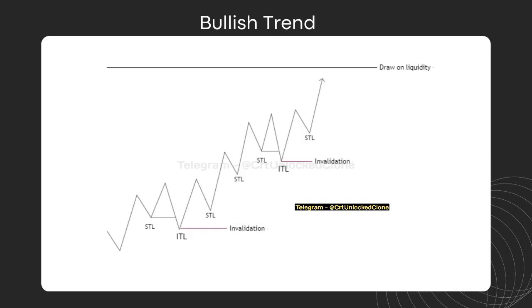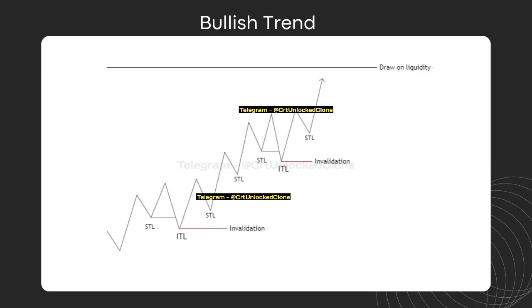Now, the unique and important thing about this intermediate term low is that this low is what we also call a protected low. You may have heard me or Romeo talk about protected lows and highs, right? And you might have second guessed yourself wondering what we are actually talking about, right? And if you didn't know the answer, then this right here is exactly the answer to that and how we classify protected highs and lows, right?